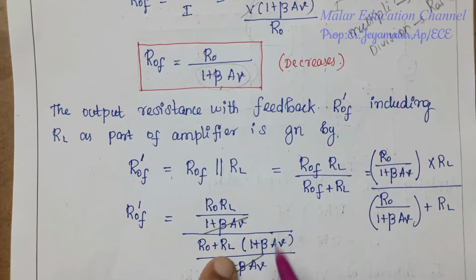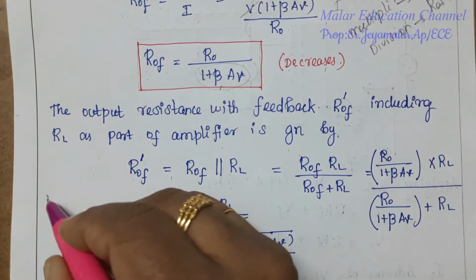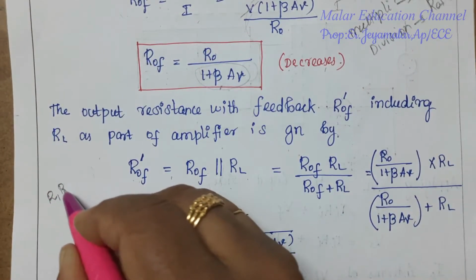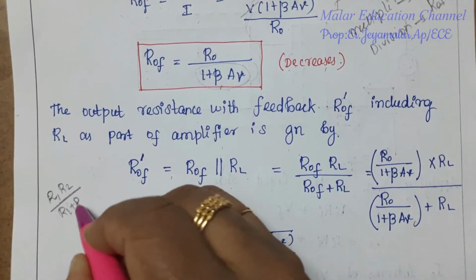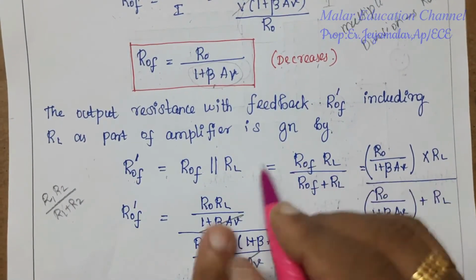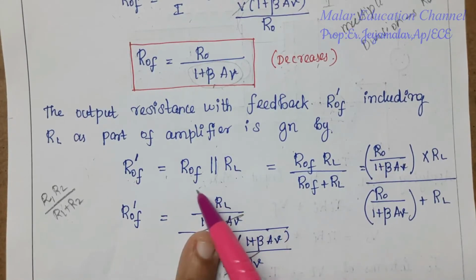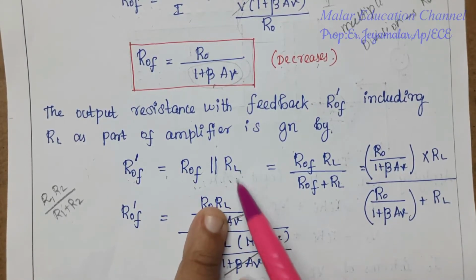We know the parallel formula: if two resistors are connected in parallel, the formula is R1 R2 divided by R1 plus R2. The same formula is applied here, so R0F parallel RL is R0F RL divided by R0F plus RL.